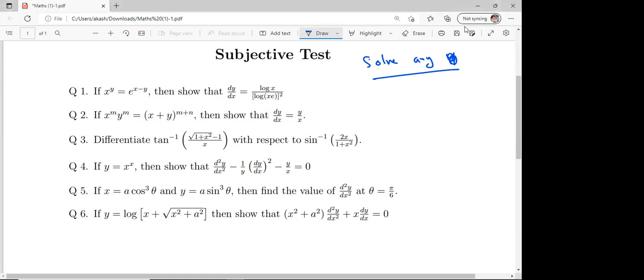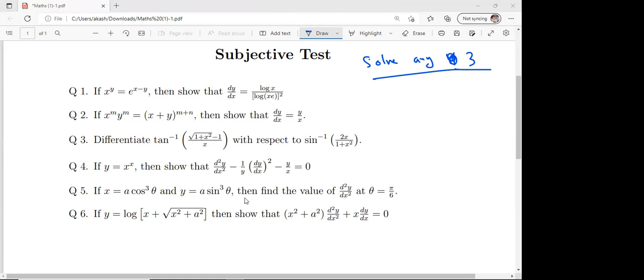Well, let's make this any 3. Let's make it easier because this is a surprise test. You can solve any 3 questions and that would be enough. You guys have 30 minutes.